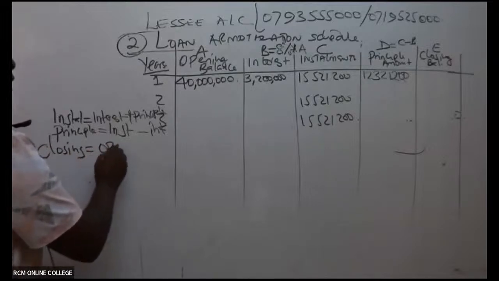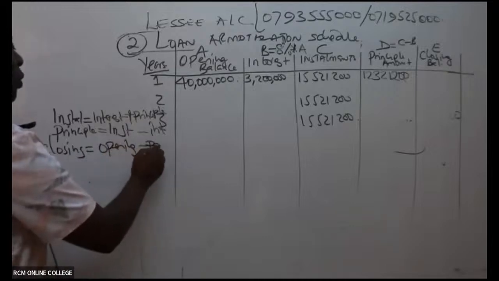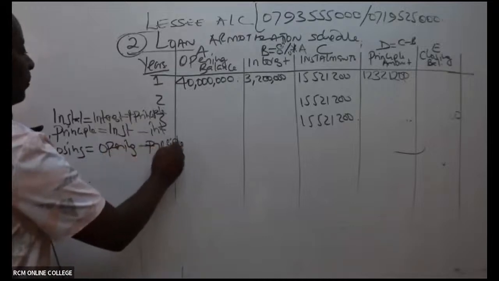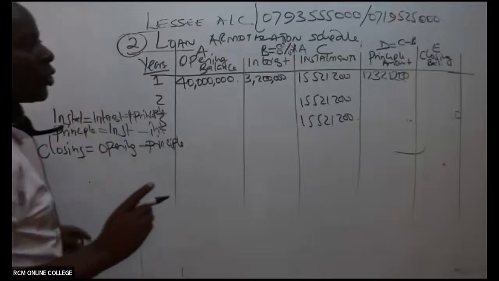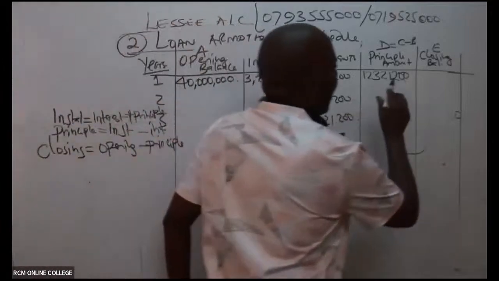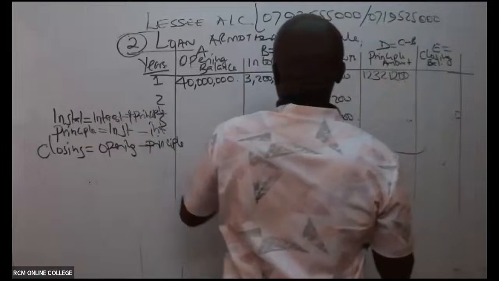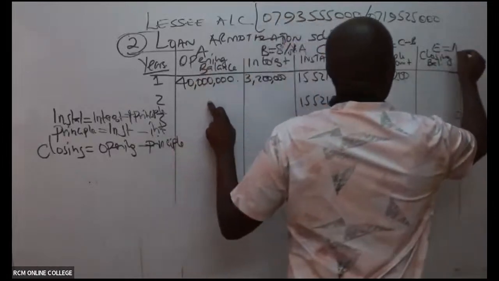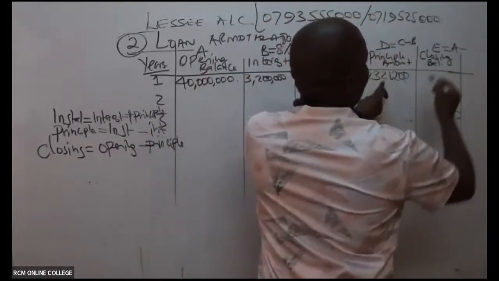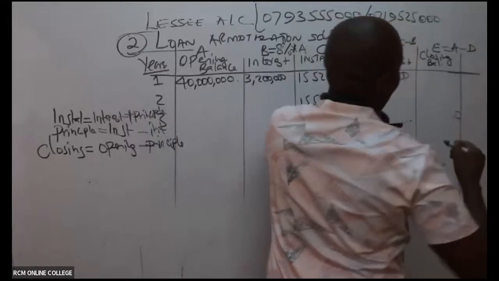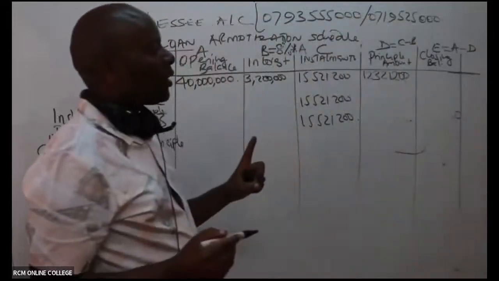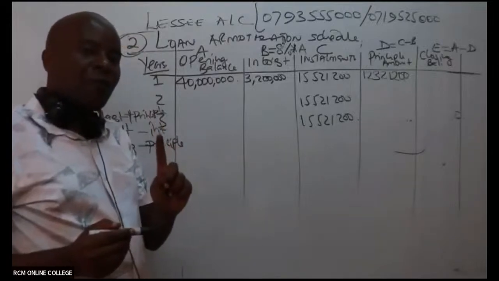Don't subtract interest. So to get closing balance E, you take the opening, which is A, minus the principal, which is D. It's only principal amount that can reduce my loan.